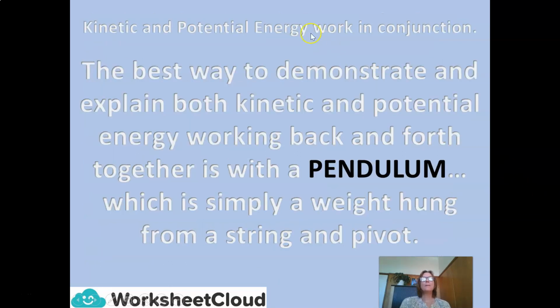So, the best way to demonstrate and explain both kinetic and potential energy working back and forth together is with a pendulum, which is simply a weight hung from a string and a pivot. So let's take a look.